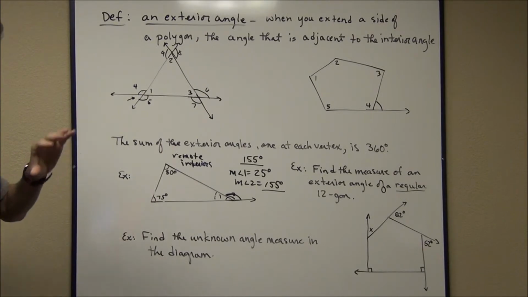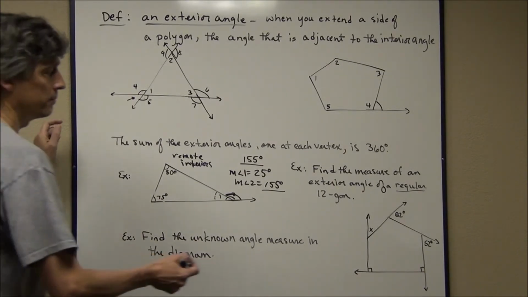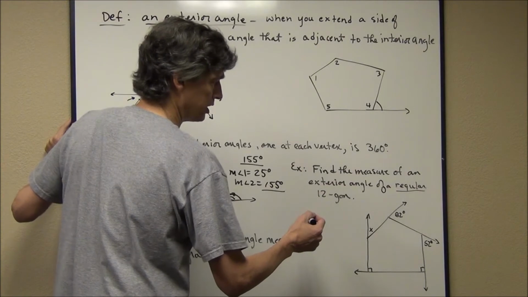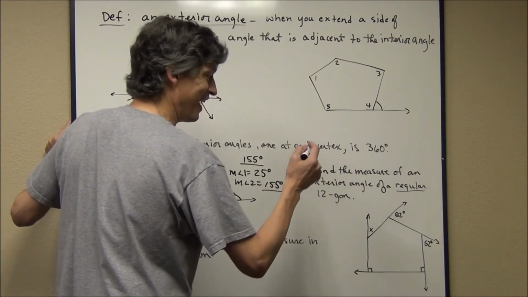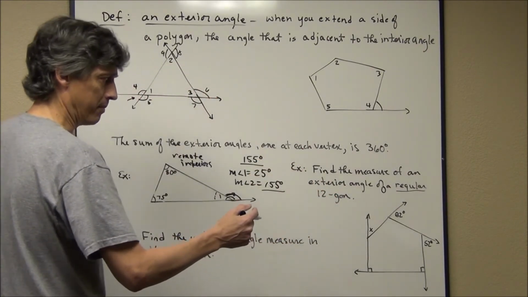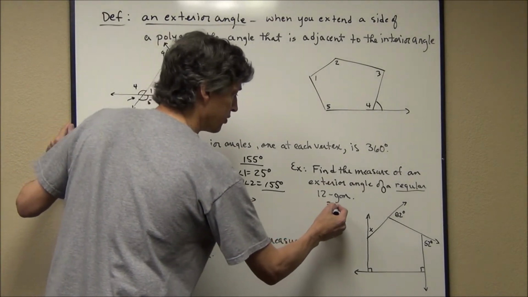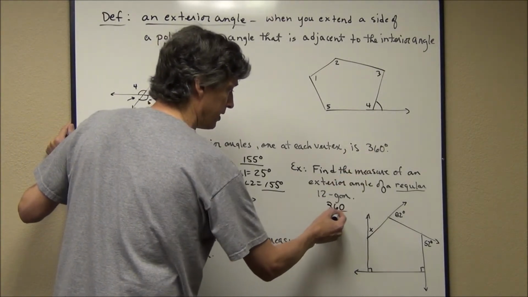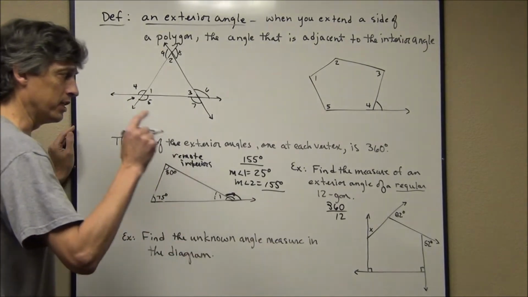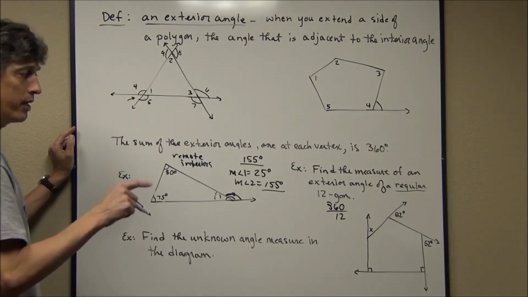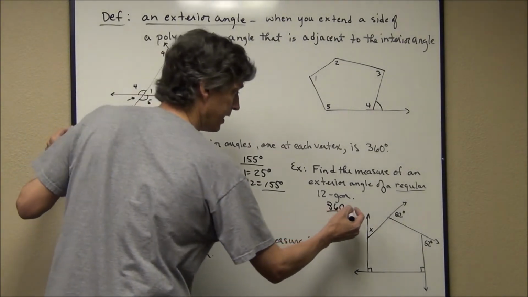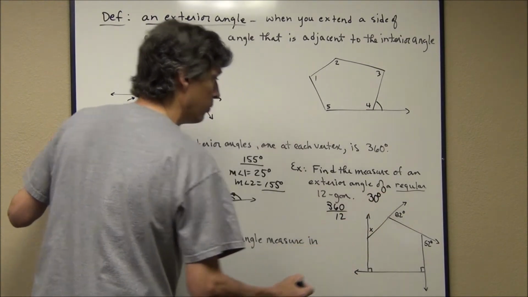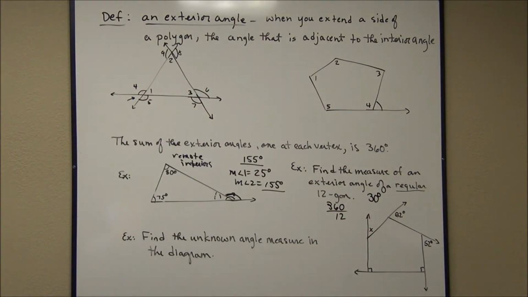Remember, regular means all the sides are congruent to one another and all the interior angles are congruent to one another. So each of the interior angles is of the same measure, which means each of the exterior angles will be of the same measure. So all I have to do is take 360, which is the sum, and divide by 12. Because I'm talking about 12 exterior angles, 1 per vertex, and that equals 30 degrees. And that would be an exterior angle.